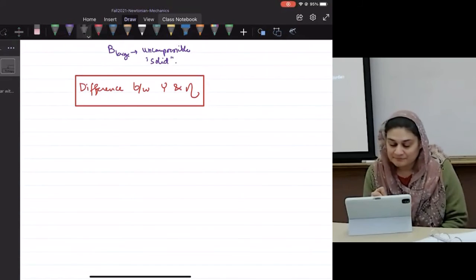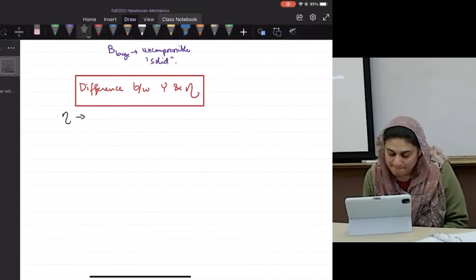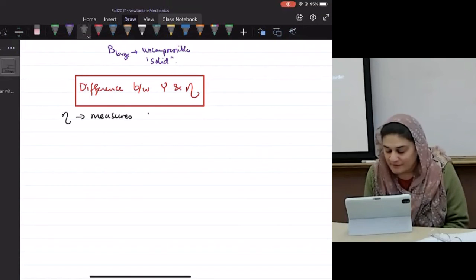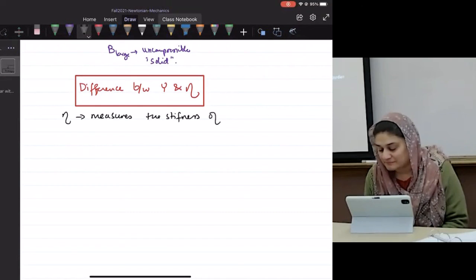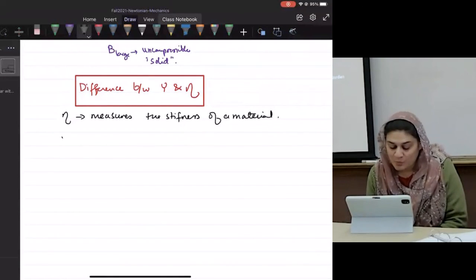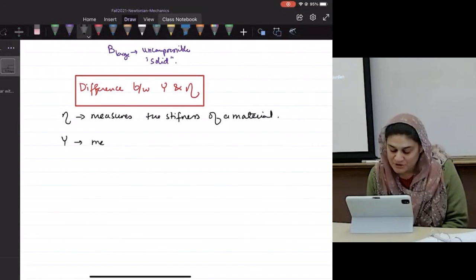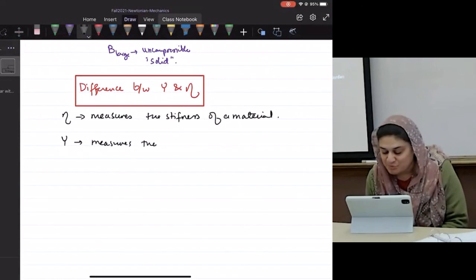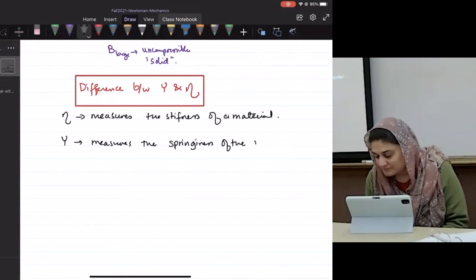Good. So what's the difference between them? So eta measures the stiffness of a material, whereas Y measures the springiness of the material.